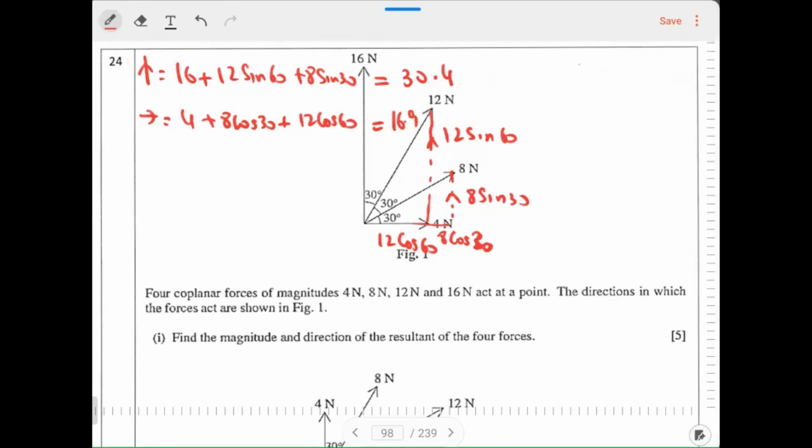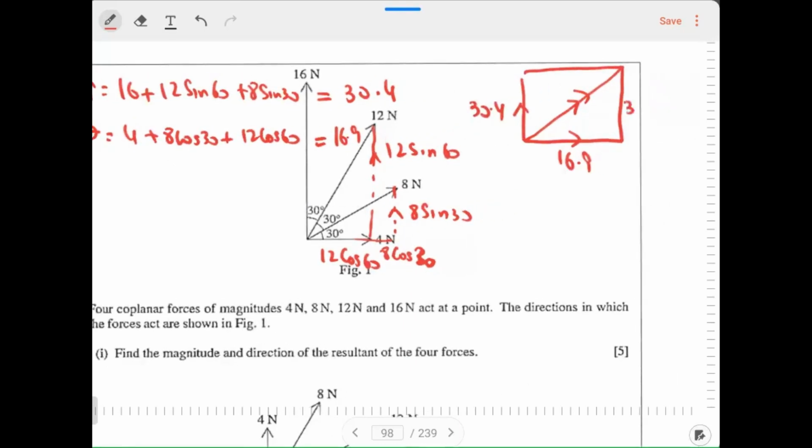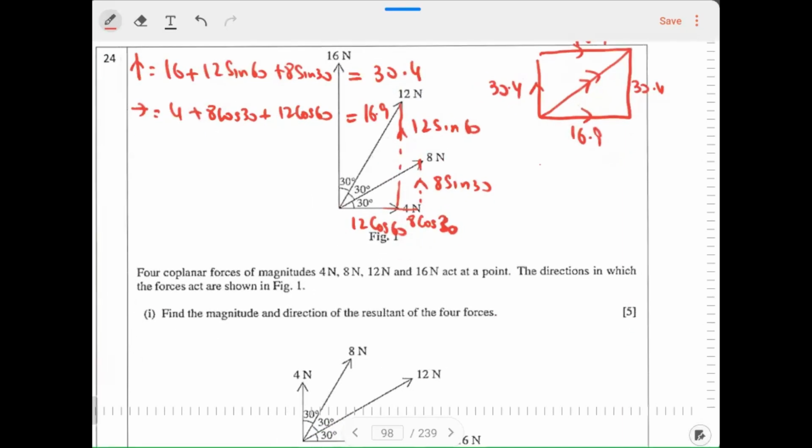So now I have vertical and the horizontal and I will apply the parallelogram rule. 30.4, 16.9. Hypotenuse square is 16.9 square plus 30.4 square. It is 34.8 newtons.